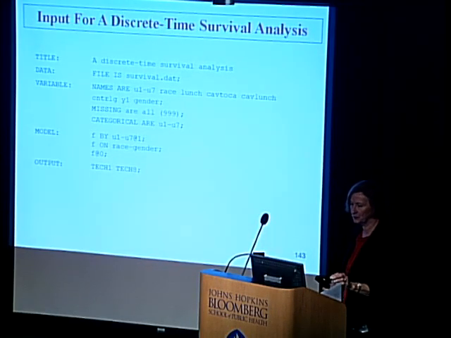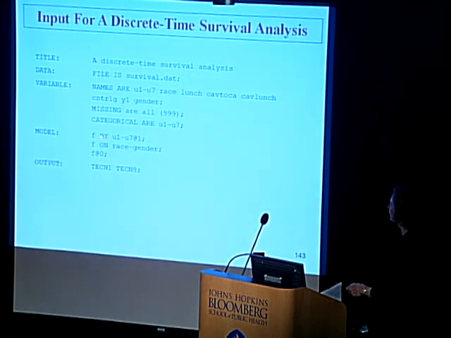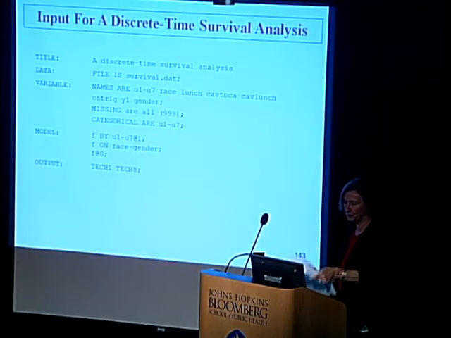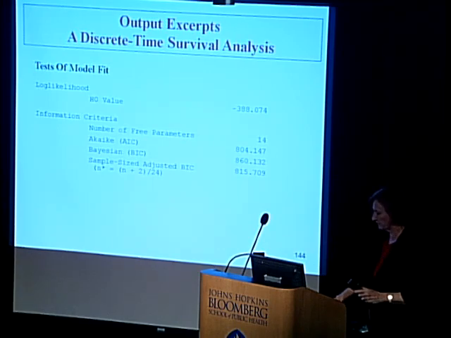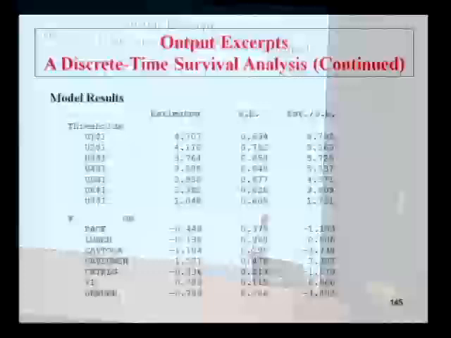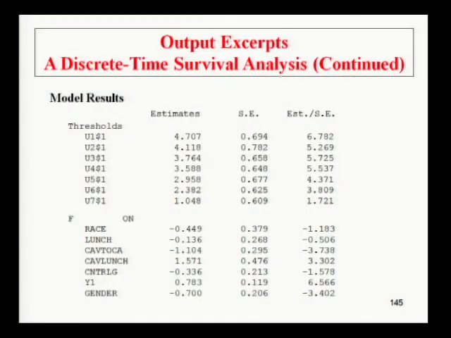Okay, but now we're going to be looking at the results for the proportional hazards model without a frailty. So if we go to the next slide, whoops, we have our regular fit. That's not too interesting. So go to slide 145, and you'll see that we get thresholds, and these are actually the estimated hazards in a logit form.